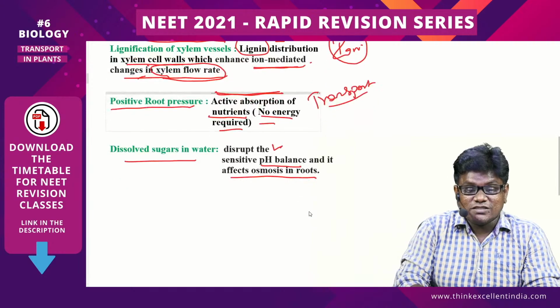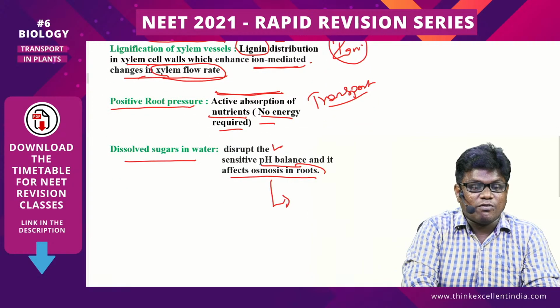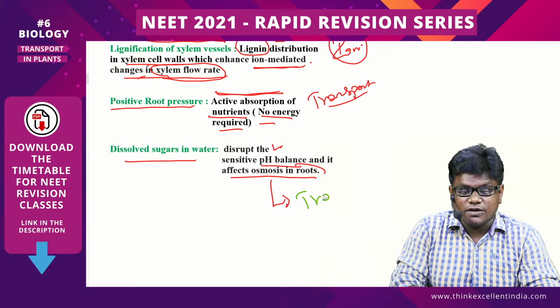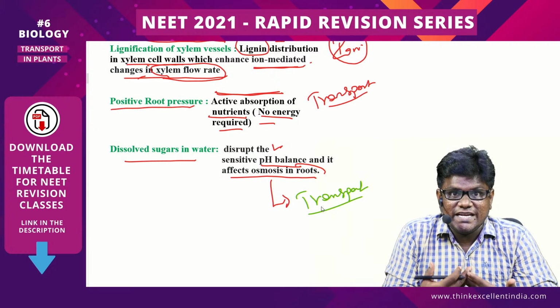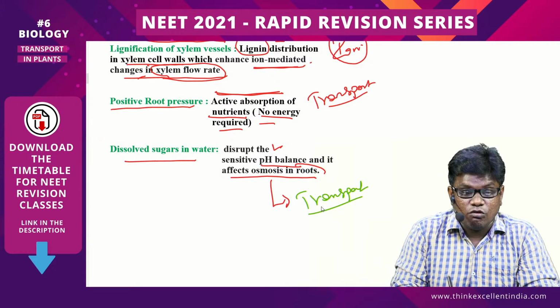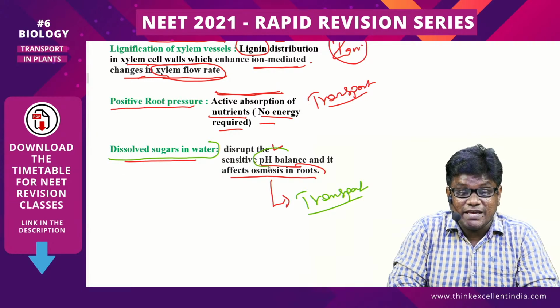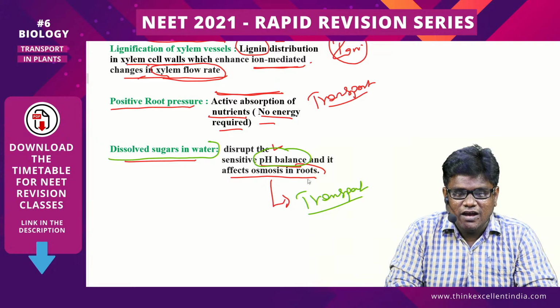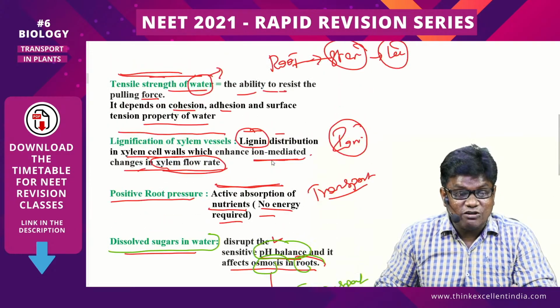See, osmosis is also one of the most important processes in transportation. When transport happens, diffusion, facilitated diffusion, and osmosis are the three processes that happen the most. So dissolved sugars in water affect the pH balance of the particular area and affect the osmosis process in the root system. So these are all the 4 options.